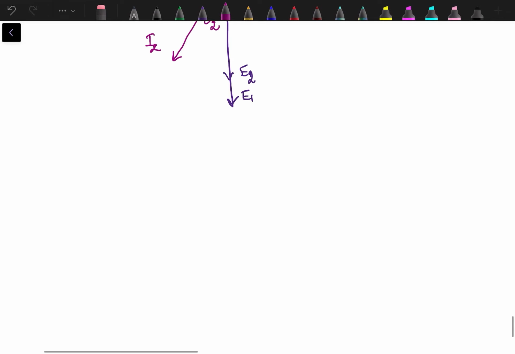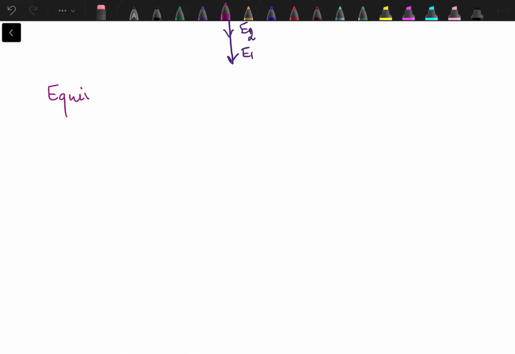Now based on this, we can even draw the equivalent circuit of an ideal transformer.